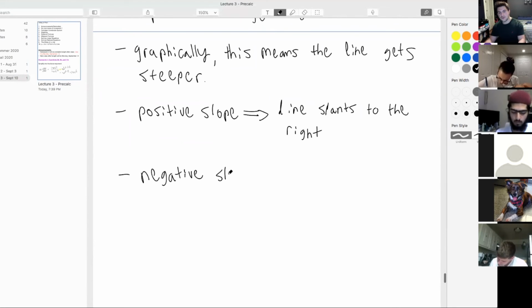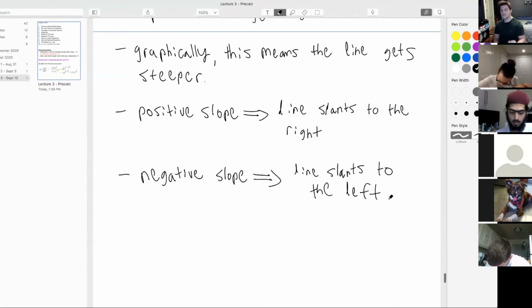Negative slope will imply the line slants to the left. We will go through examples of all of this to see what it looks like on the XY plane.